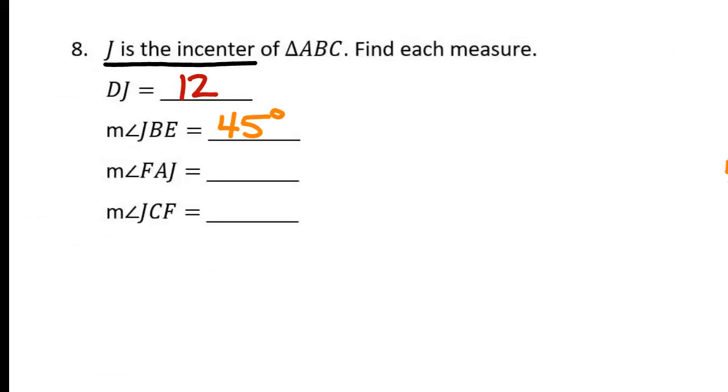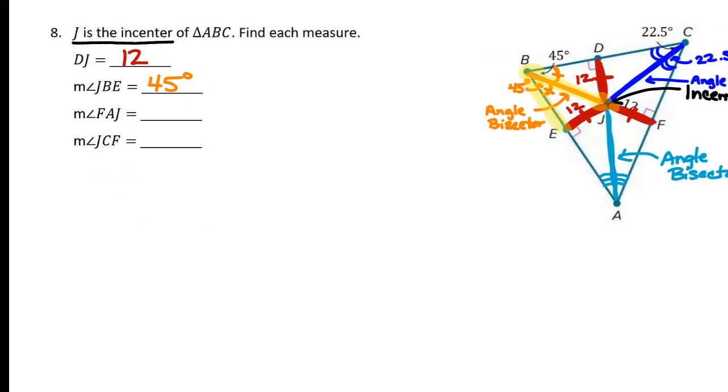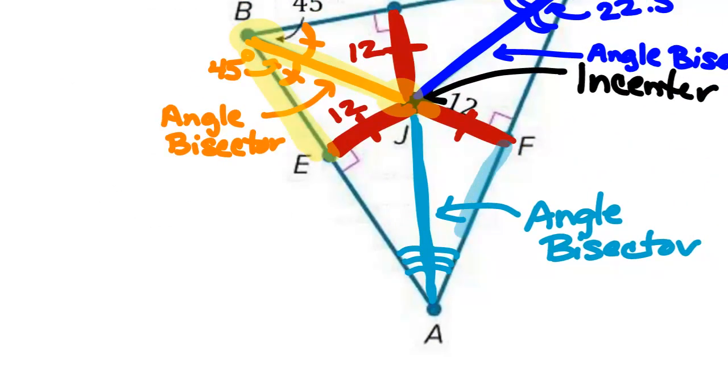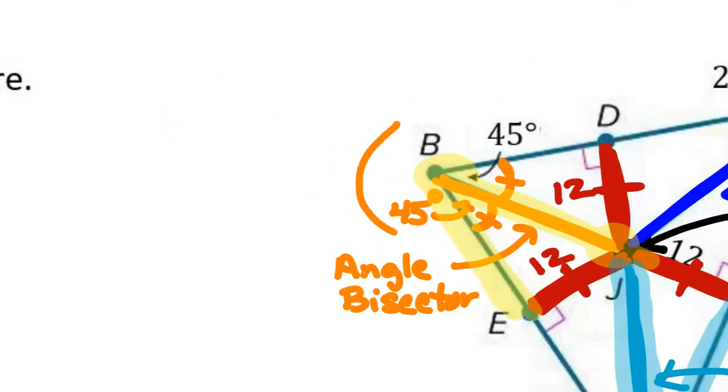All right. Then we want angle FAJ. FAJ is this little angle right here. Do we know how big that one is? No, that was one of the ones that we didn't know. But I know how big these two are.